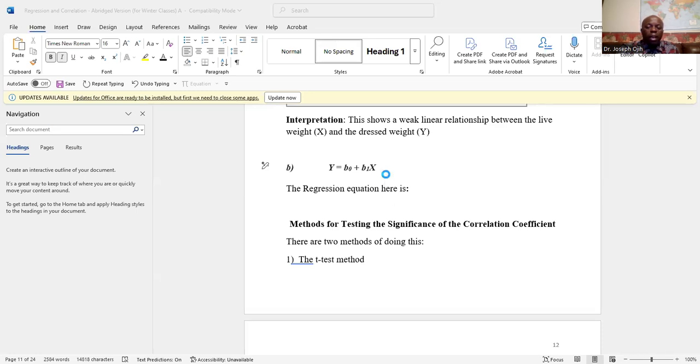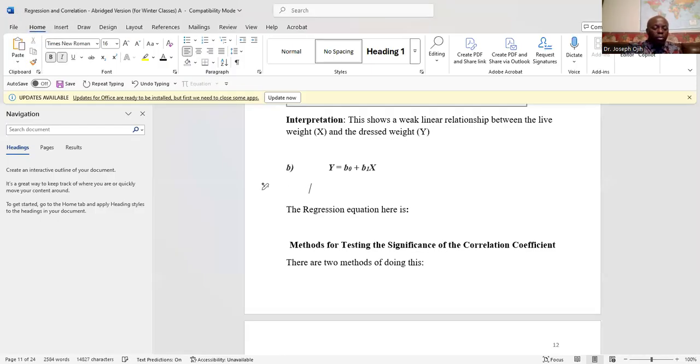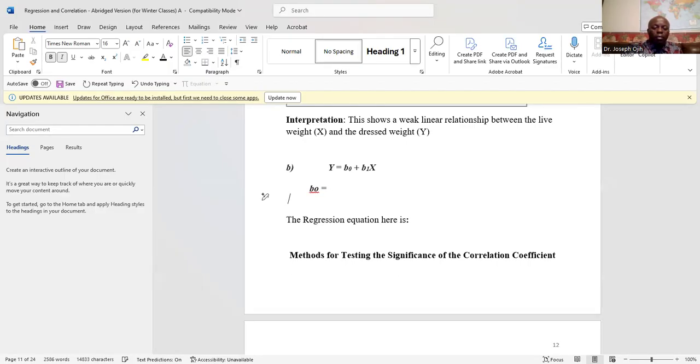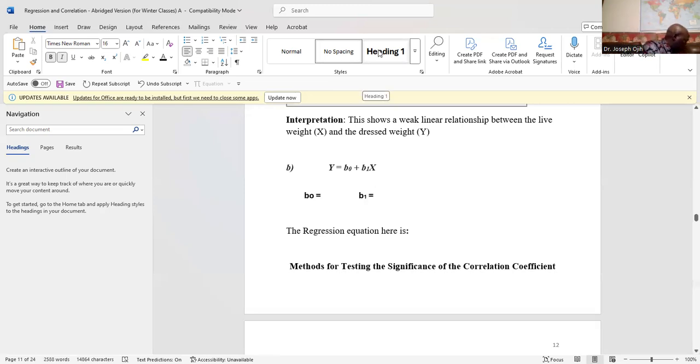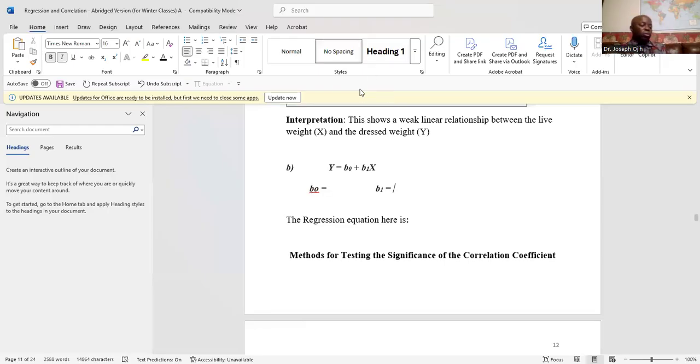So based on this, our B0 and B1 you can get from the table from Excel. B1 is a small one, not upper, B sub 1. So we get it from our results. So let me write them down.